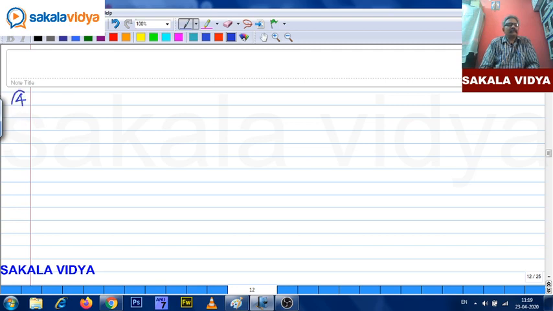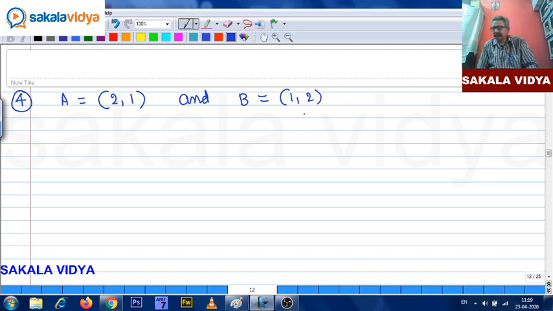Question number 4. A is equal to (2, 1) and B is equal to (1, 2). They are the fixed points, or two points.